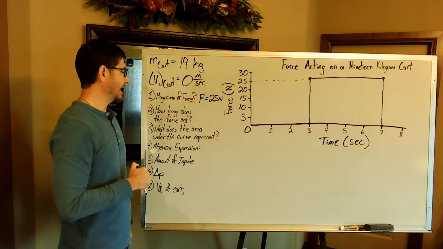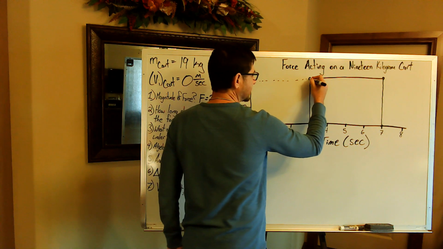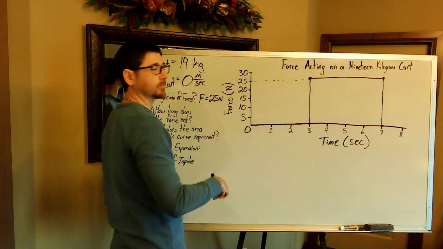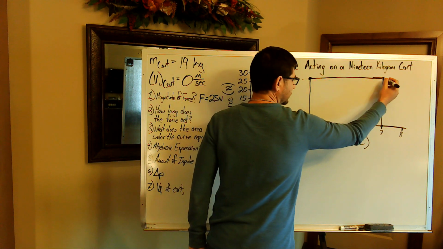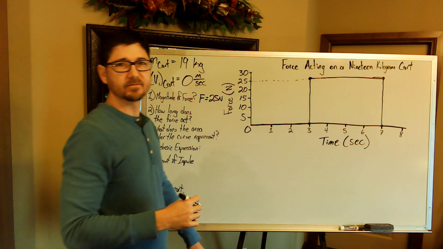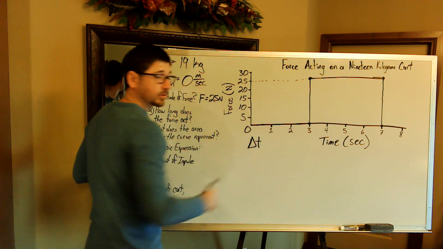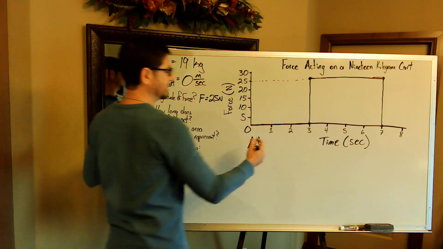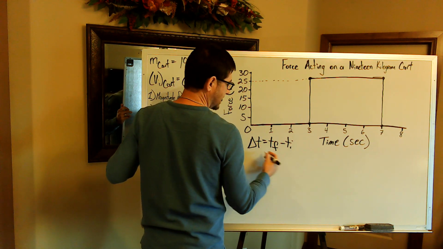Number 2, how long does the force act? Starting right here at 3 seconds, we see that we have an applied force of 25 newtons through a time of 7 seconds. So we're going to use the equation for time interval delta t. This is going to be final time minus our initial time.